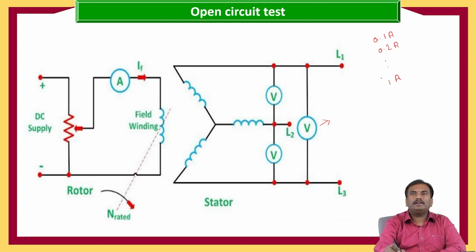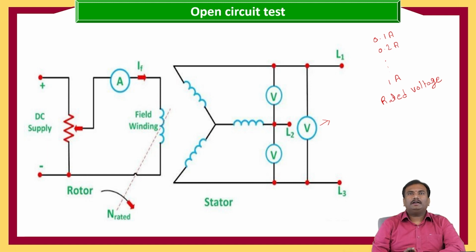Until this voltage reaches the rated voltage, we are going to vary the field current. And once it reaches the rated voltage, we are going to stop the experiment. That is, we minimize the field current and switch off the supply.